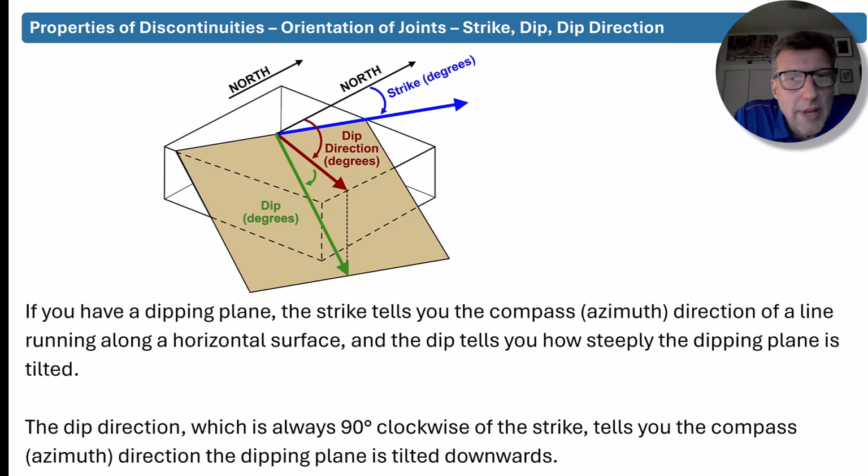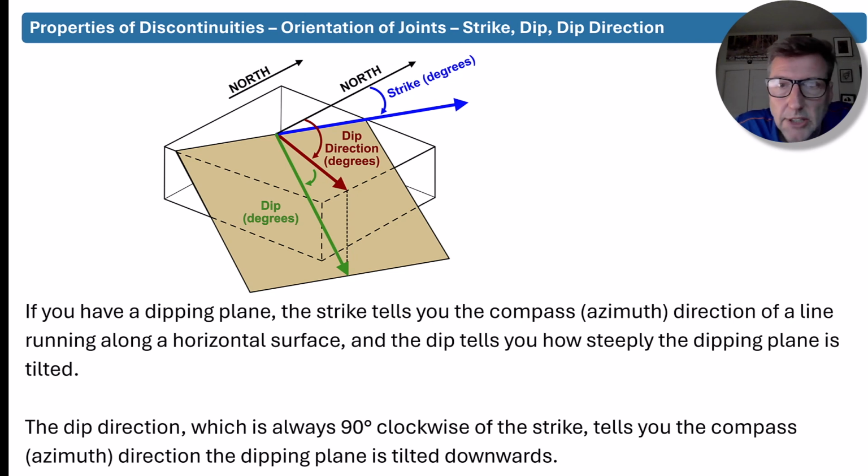Finally, we have the full orientation of the dipping plane in either strike and dip or dip and dip direction. The strike tells you the azimuth of a line along a horizontal surface, and the dip tells you how steeply the planar surface is tilted.